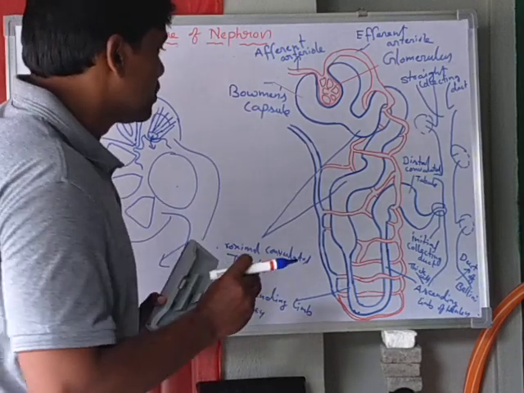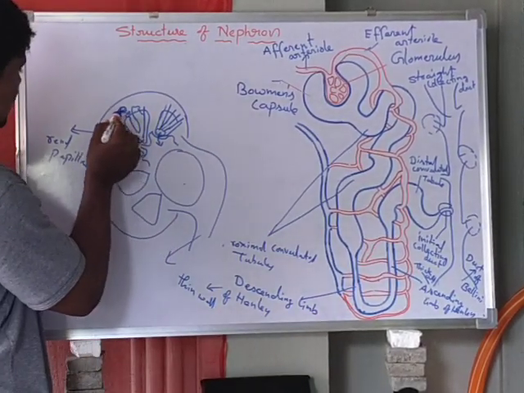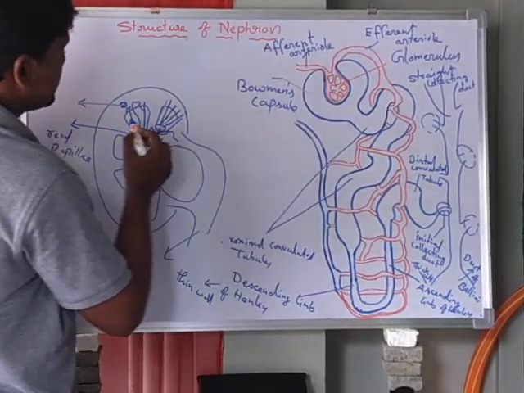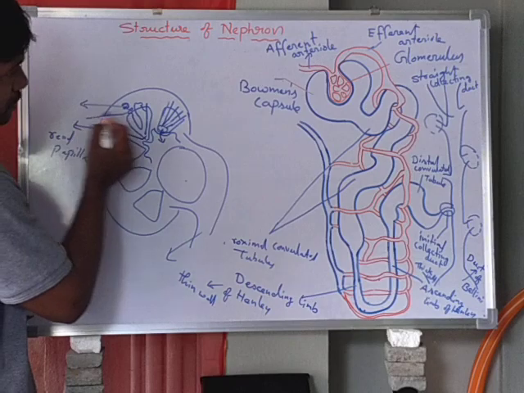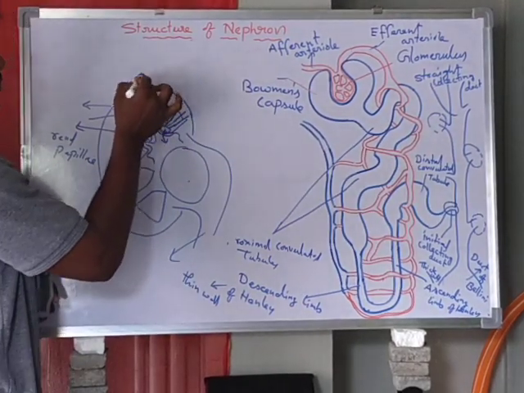Here we see the Malpighian body, the proximal convoluted tubule and the distal convoluted tubule.